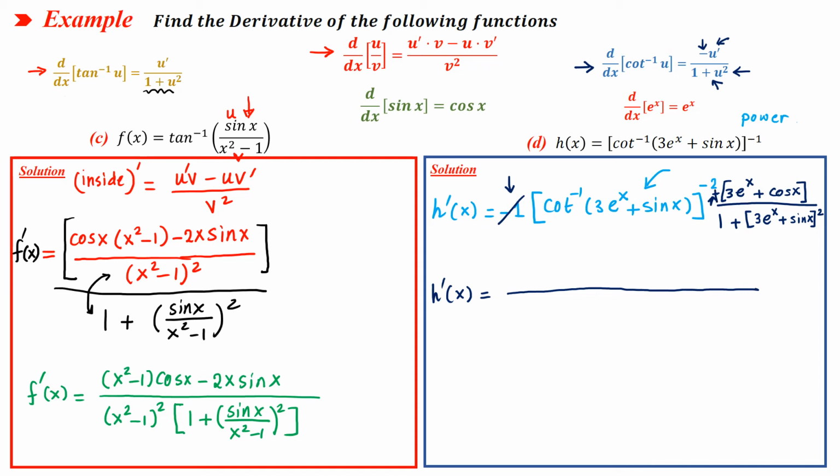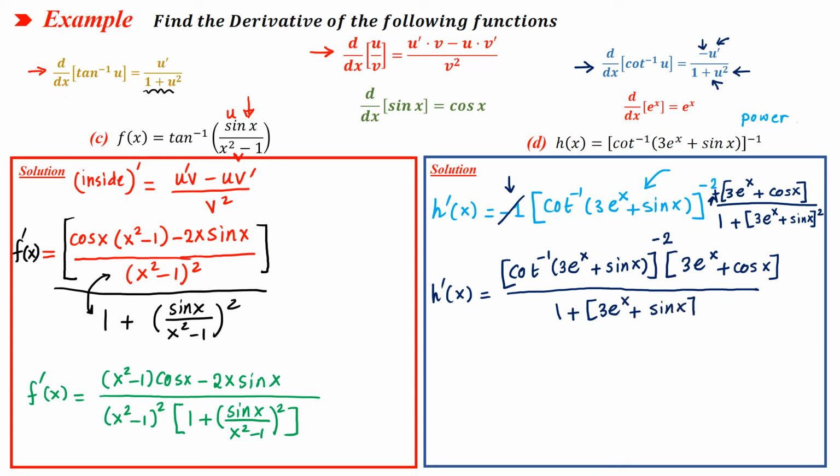So we will cancel the negative 1 with the negative sign, and you will get cotan inverse of 3e to the x plus sine x to the negative 2 multiplied by 3e to the x plus cosine x divided by 1 plus 3e to the x plus sine x, squared. And this is the final answer of part D.